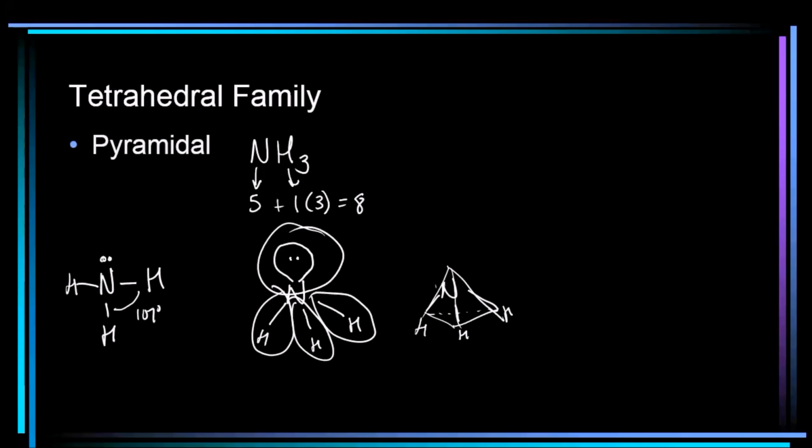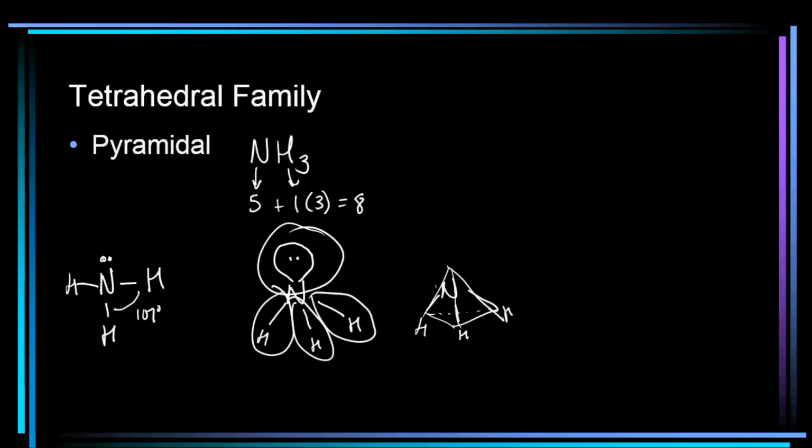So you might as well put SP3 down for bent as well, for the next one. Polar or nonpolar? Polar. Why? How many sides does it have? It has 4 sides, but one of them is different.